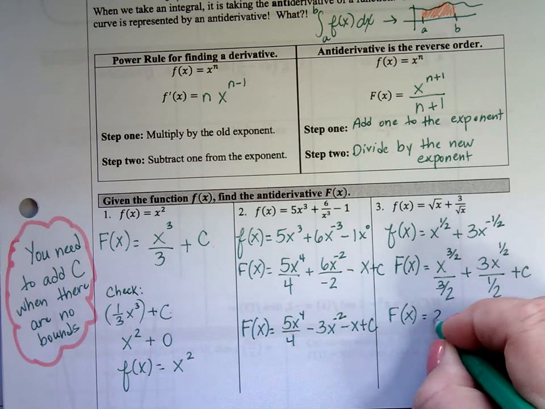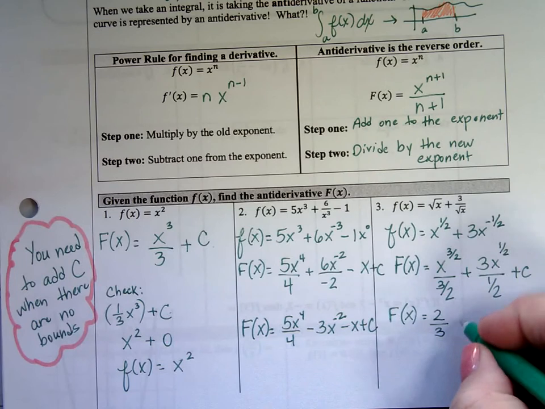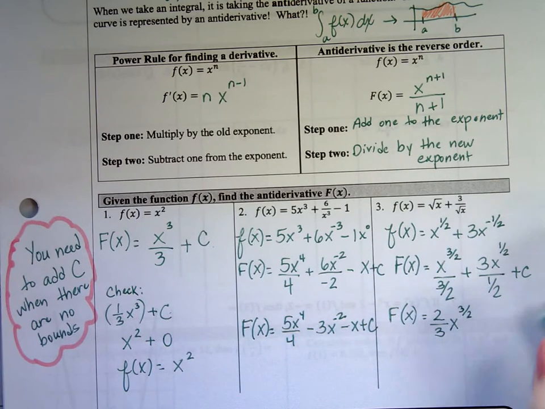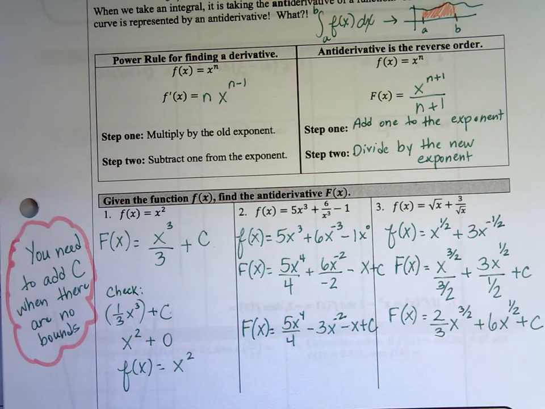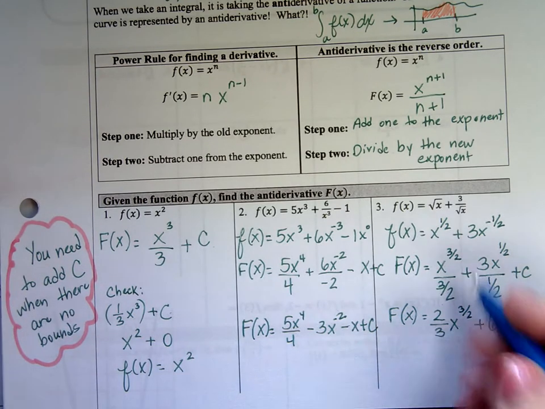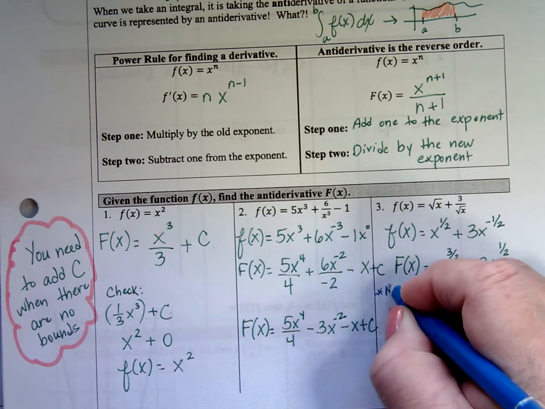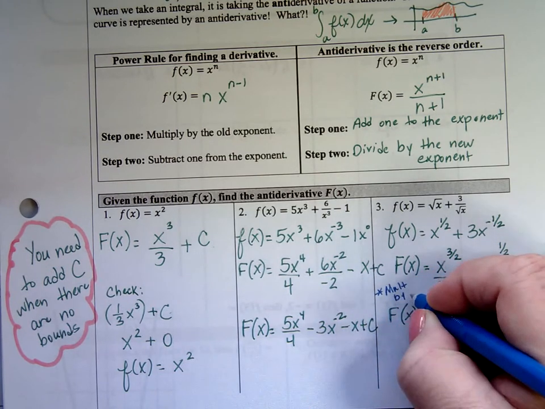So my first term is really 2/3 x to the 3/2. This 1/2 dividing by 1/2 is like multiplying by its reciprocal 2. 2 times 3 is 6. So my second term is a 6x to the 1/2 power and then a plus c. So when you're dividing by these, remember it's like multiplying by the reciprocal. That's how you're coming up with the values that are now the coefficients in front. So I'll put a little note here. Multiply by reciprocal. Can I fit it in?